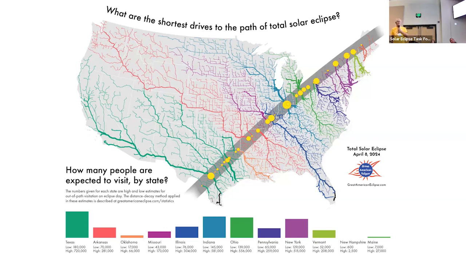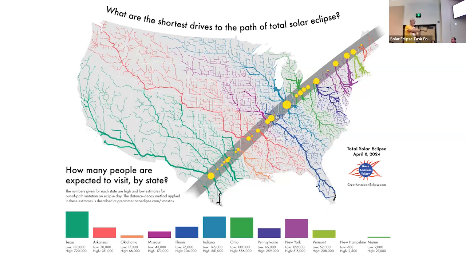And if you want to do an economic impact, the various economic models that I've seen estimate that each eclipse visitor brings something on the order of between $200 and $300 of economic impact to that state.